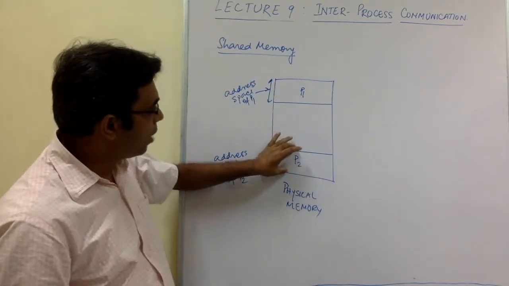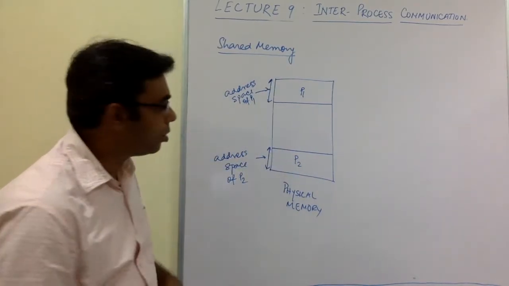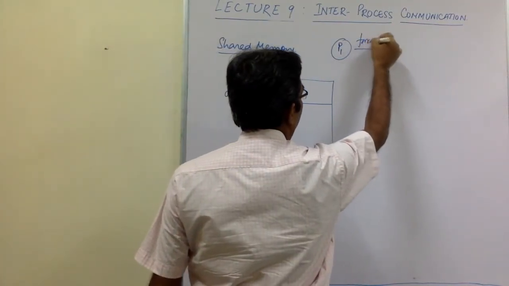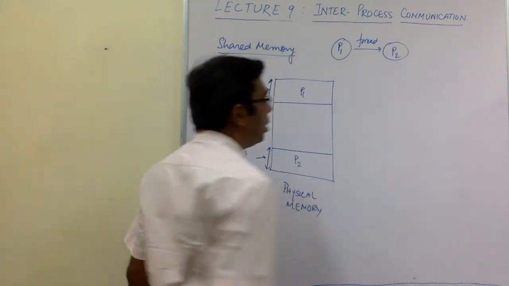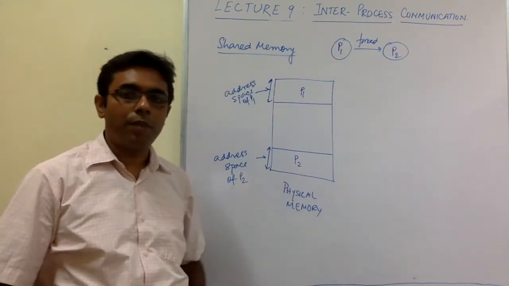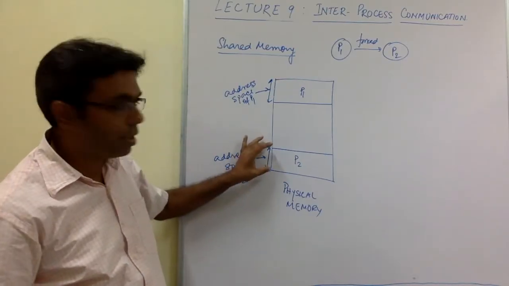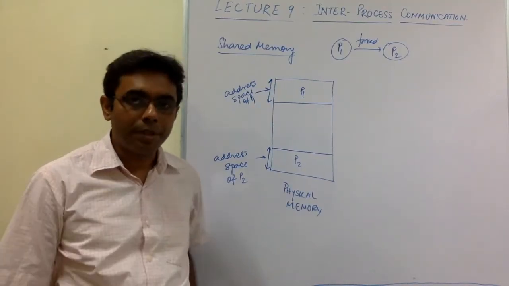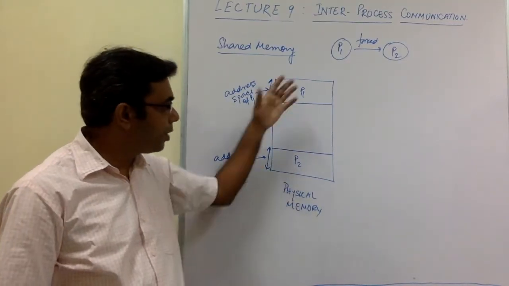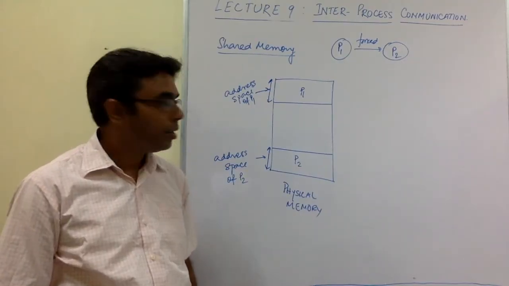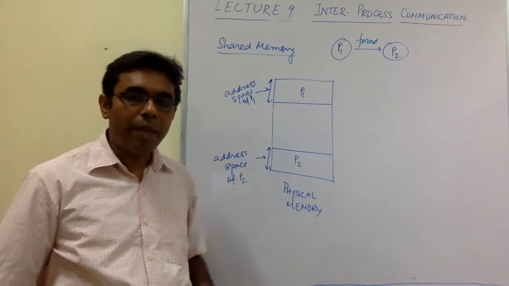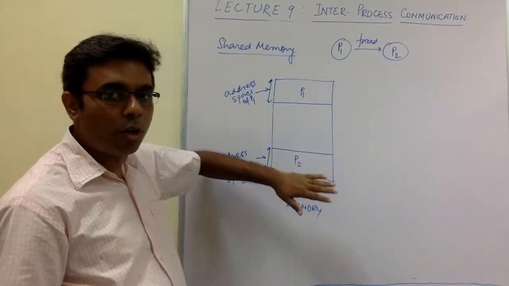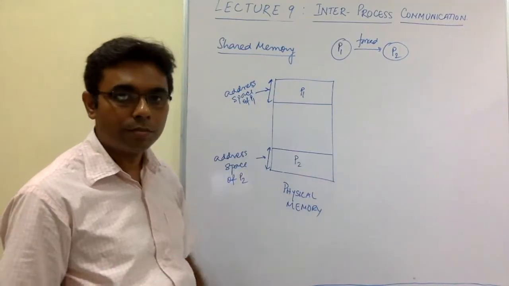Even if P2 has been formed from P1, so let's say P1 did a fork resulting in a process called P2, we have seen that earlier, still the newly created child process will have its own space in the memory. So the address space of the child will be different from that of the parent, right? And that makes these two processes independent. So these two processes do not have any portion of the memory which is shared.